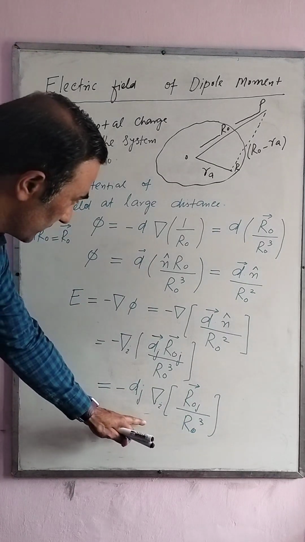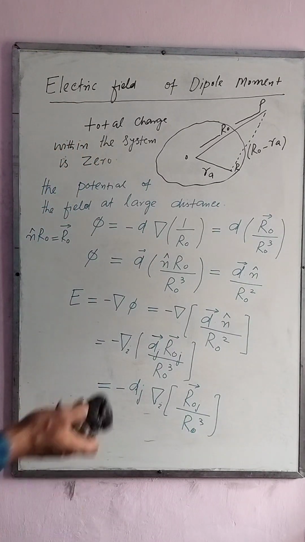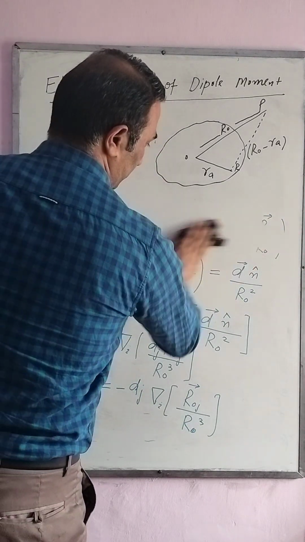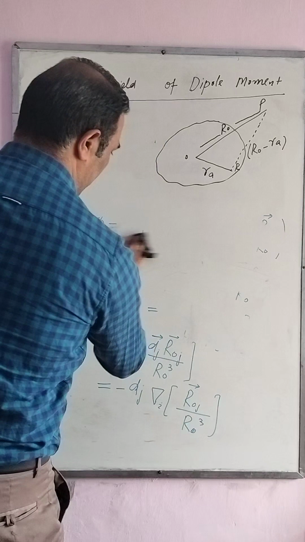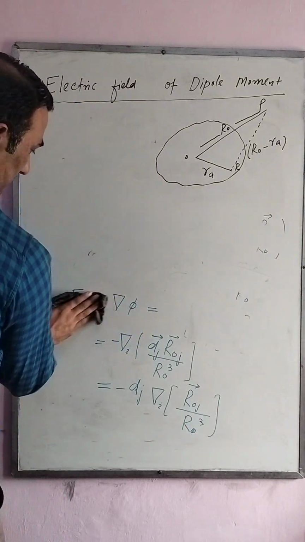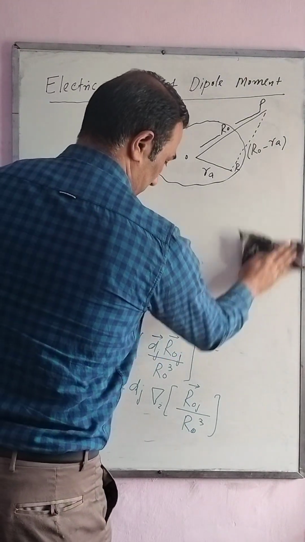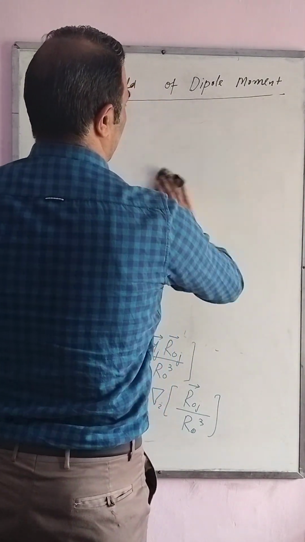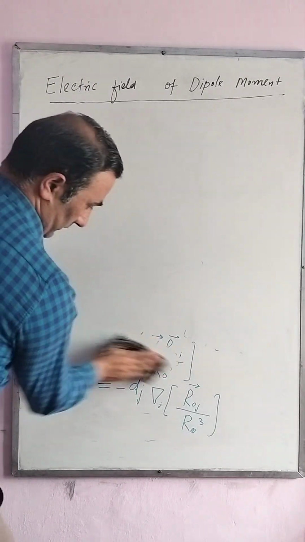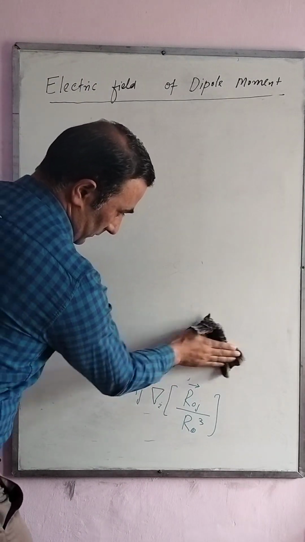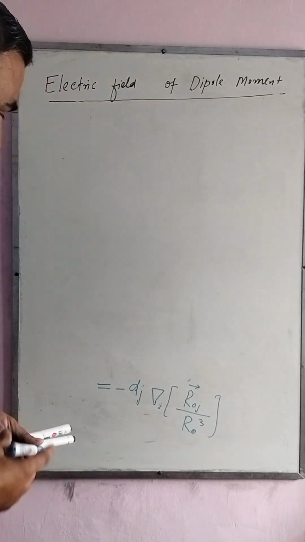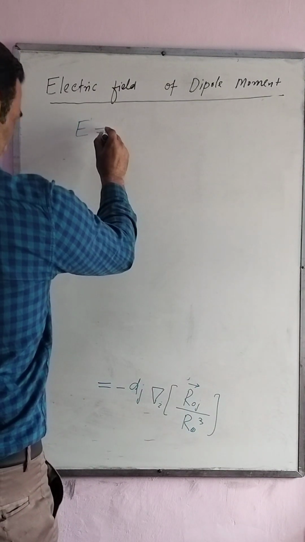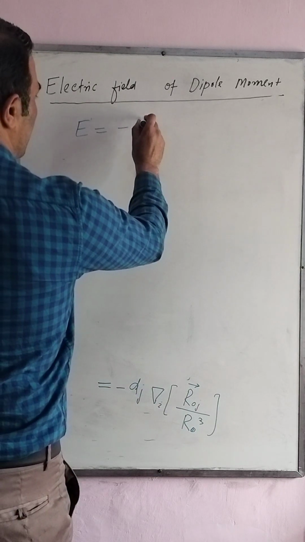So let us differentiate this term. Or E is equal to minus dj.